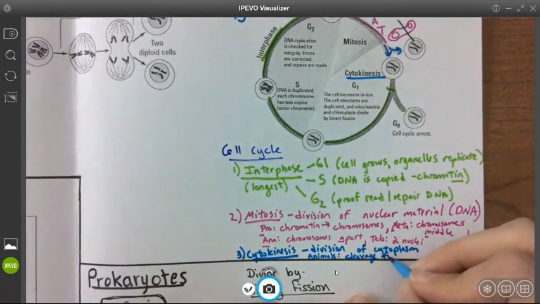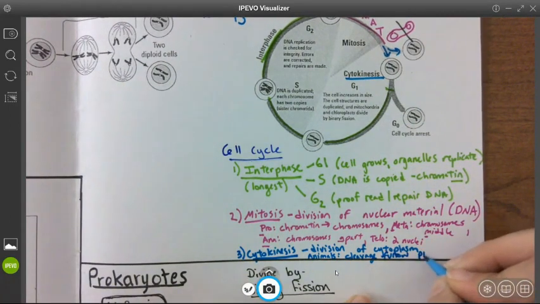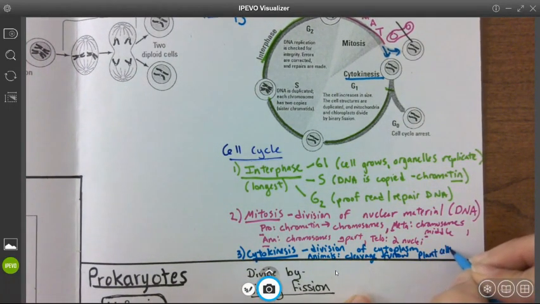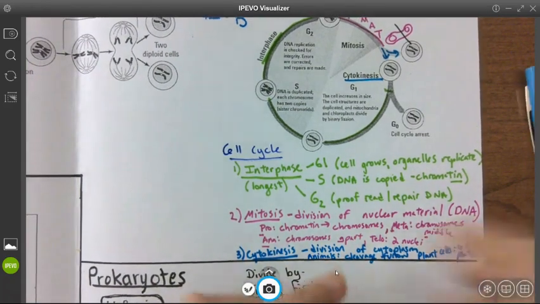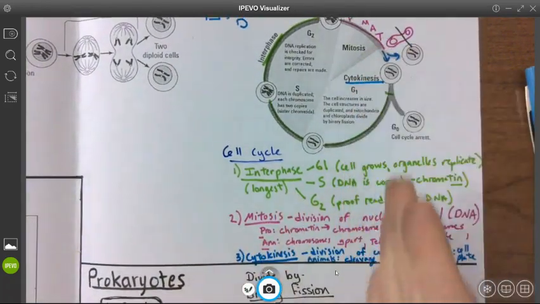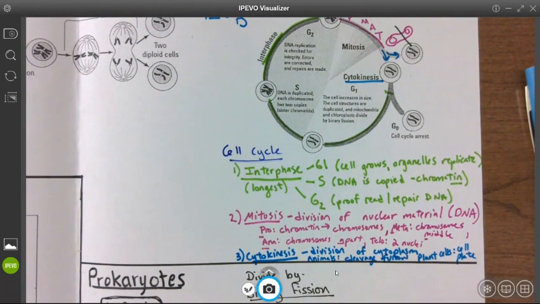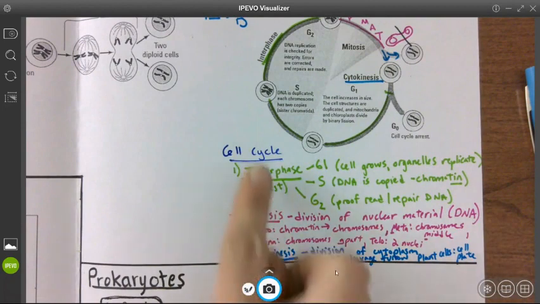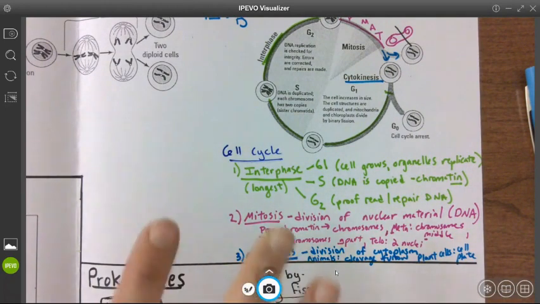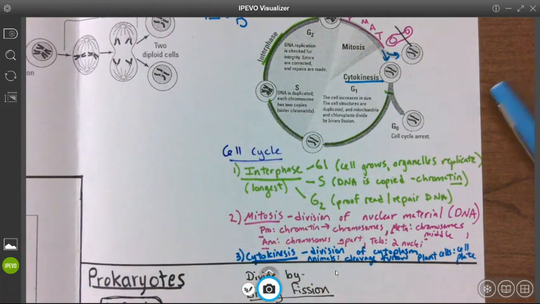In plant cells, you have a cell plate, right, which then becomes more and more defined, and you have more material put there until your cell wall forms. So this is kind of the classic cell cycle, the way we think about it freshman year.